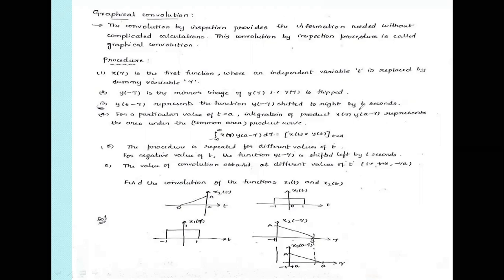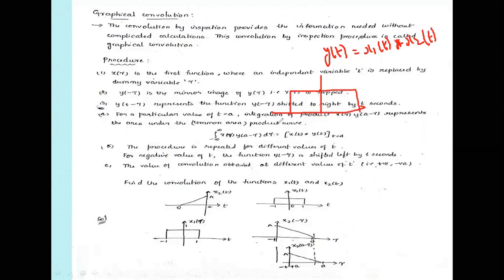Now, first of all, I need to find y of t. Y of t is equal to the convolution of x1 of t with x2 of t. What is x1 of t?